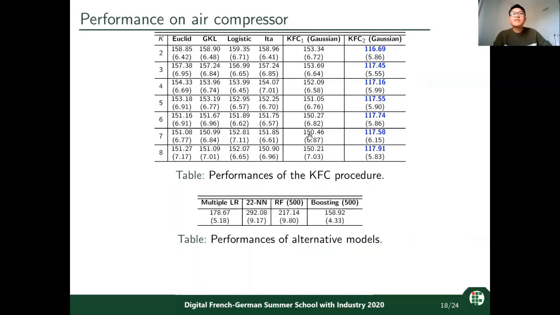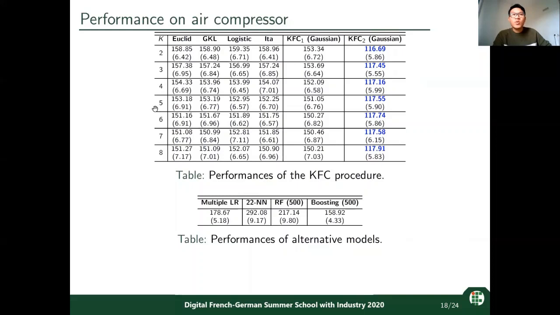This table contains the average root mean square error of 20 repetitions, randomly splitting our data set, 80% training and 20% testing. The values in the brackets are the associated standard errors.